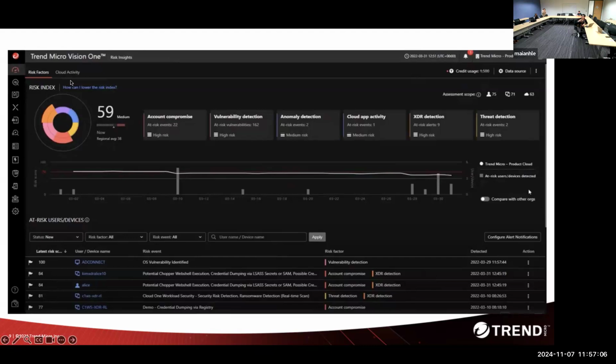Through our turning on different features and on and off, that will actually tune different weights a little bit. So, and if you turn on more telemetry, hopefully this will more accurately reflect the risk that the organization is having.